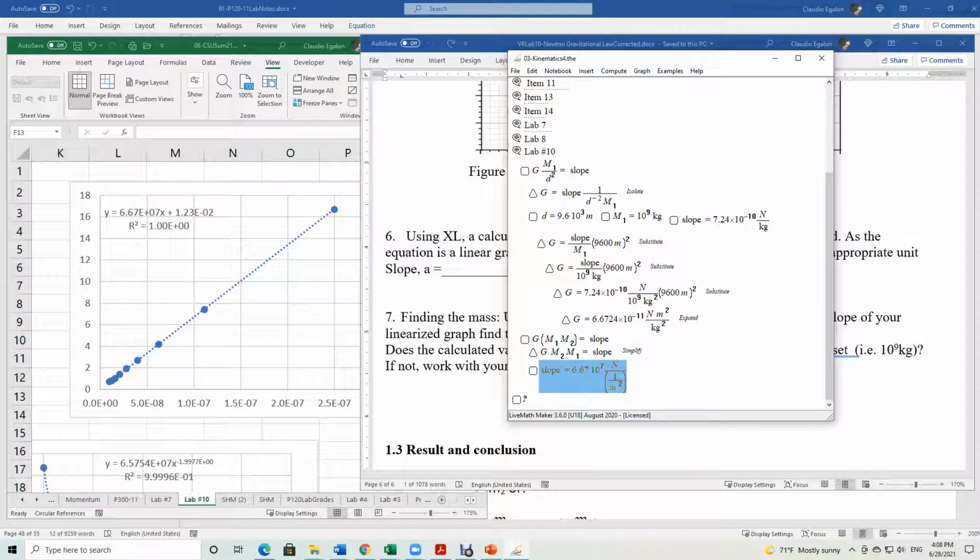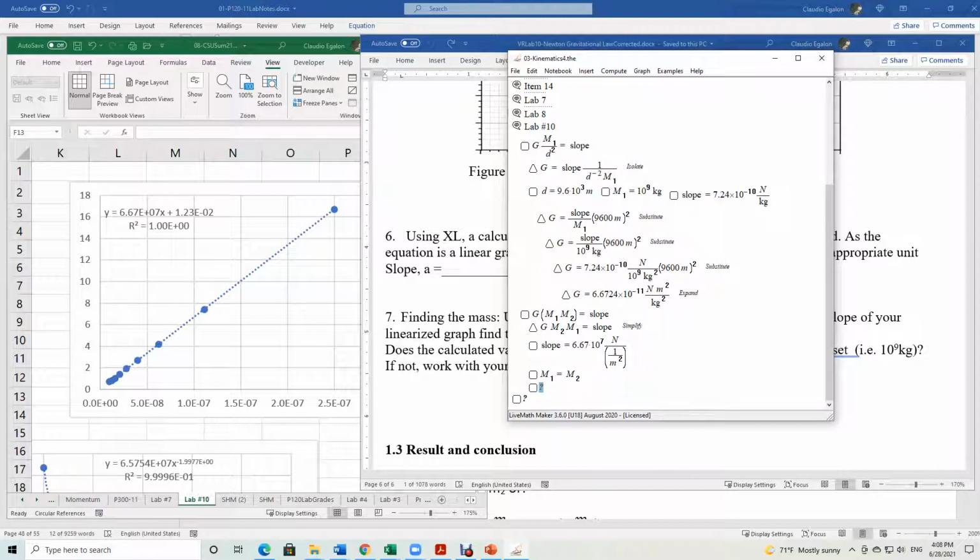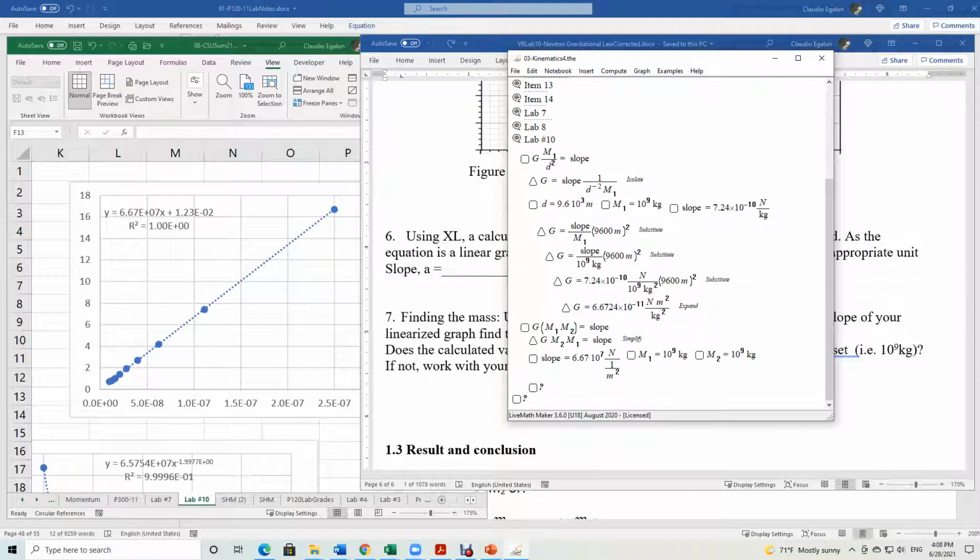Substitute. Oh, don't worry. We also have that M1 is going to be equal to M2. Alright, I'm going to put here 1 billion kilograms. M2 is going to be the same value. Substitute.